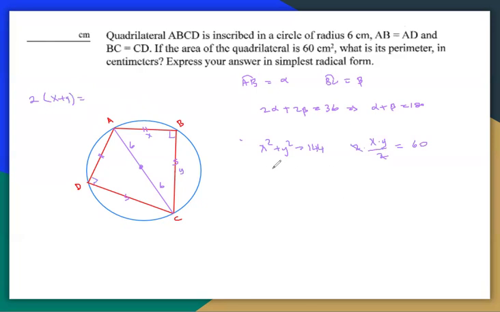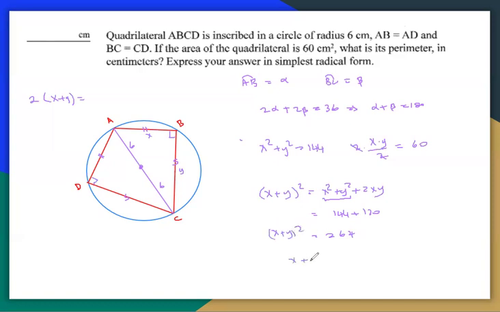If I want to find X plus Y, and I have the square of those and the product of those, maybe I can use the square of a binomial. So X plus Y squared is equal to X squared plus Y squared plus 2XY, right? This is given as 144, and then XY was 60. If you double that, you get 120. So that means 264 is X plus Y squared.